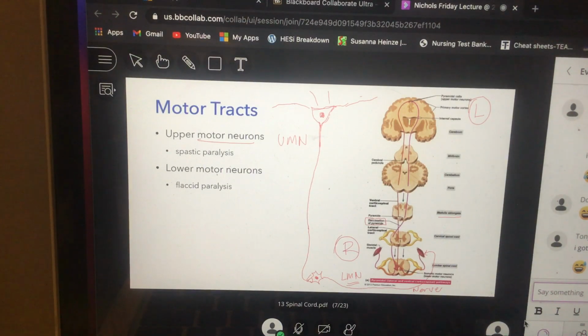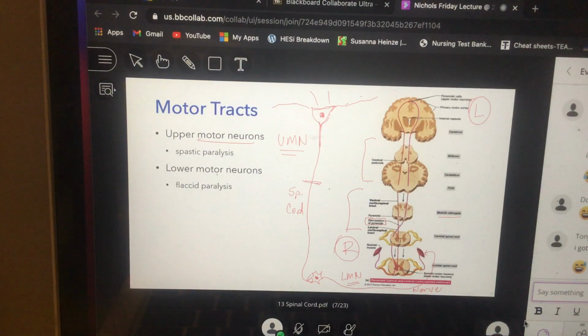So if somebody severs their upper motor neurons, those are really mostly in the spinal cord. Those upper motor neurons are either in the brain stem or in the spinal cord. And so that would be what we would call severing the spinal cord.